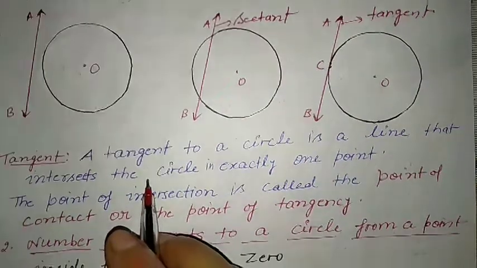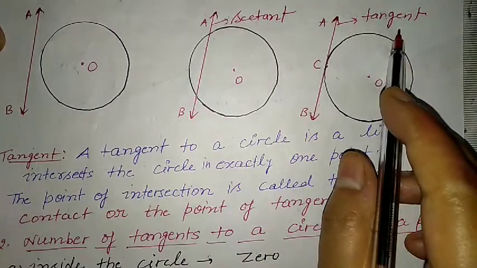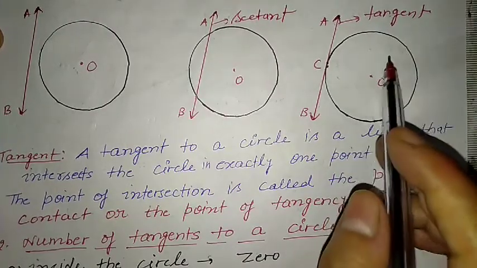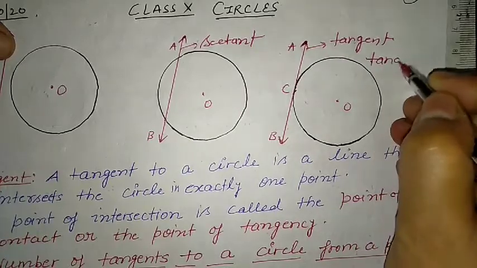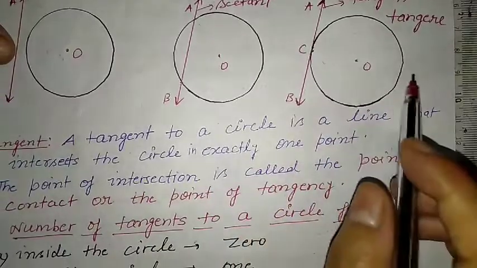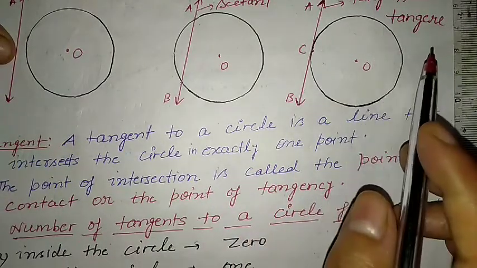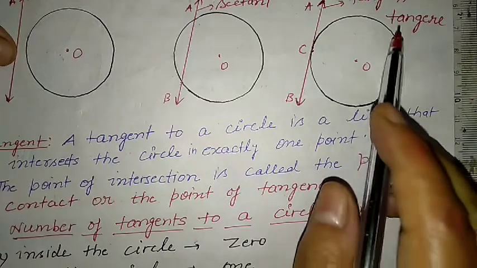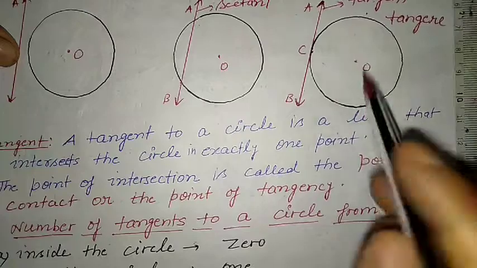The word tangent comes from the Latin word tangere, which means to touch. This notion of touching is used in the geometrical meaning of tangent.